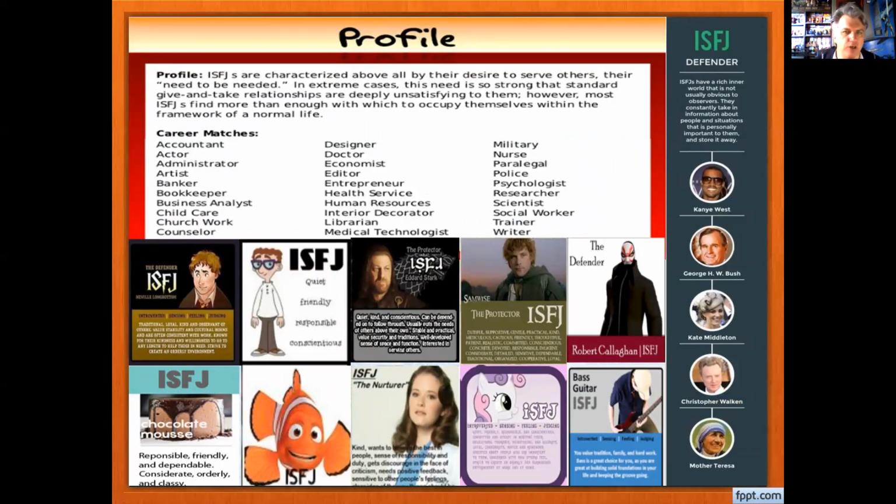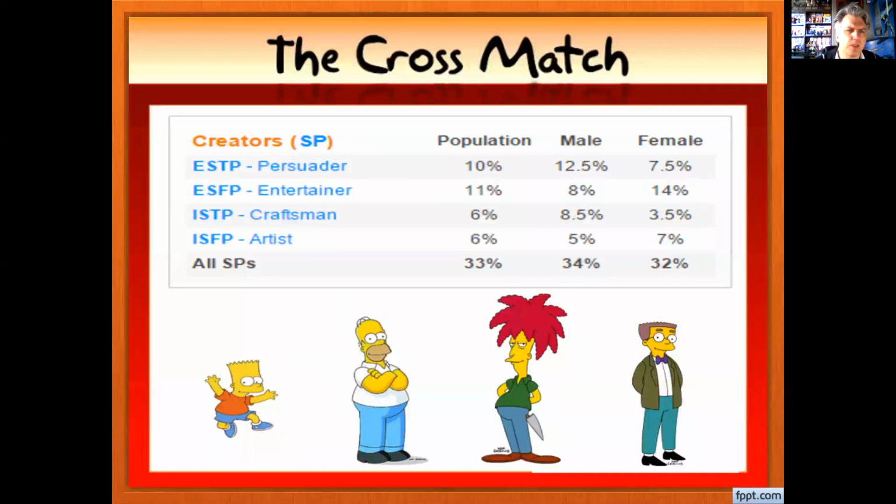ISFJs characterized above all by their desire to serve others. Relationships, give and take in relationships, deeply unsatisfying to them. They want a strong standard for themselves. So you've got Marlon, you've got Kate Middleton, you've got George H.W. Bush, and a little bit of Mother Teresa for you there. And you're also a bass guitar. Not sure why.